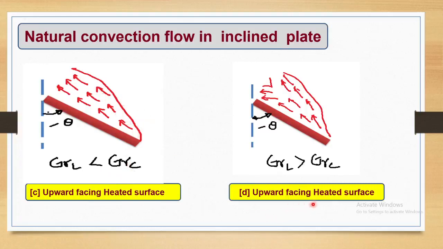However, when the upward facing heated surface is there and the Grashof number is greater than the critical Grashof number, the flow will become turbulent and the boundary layer will convert from laminar to turbulent. So separation will be there.